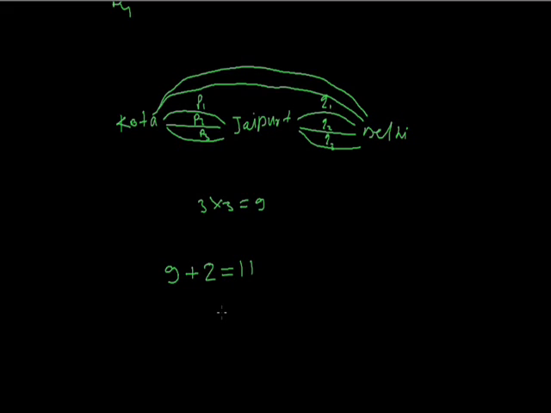So we can say if an event can occur in m different ways completely and another event can occur in n different ways completely, then exactly one of the events can happen in m plus n ways. Here m is equal to 9, n is equal to 2, so m plus n is equal to 11. So it is the principle of addition.